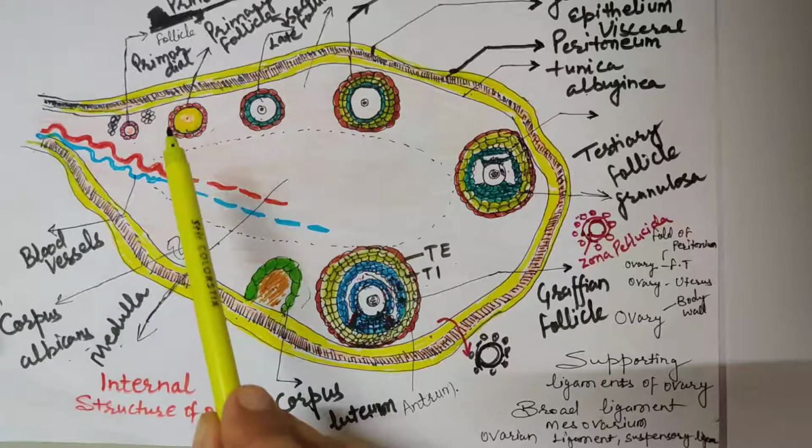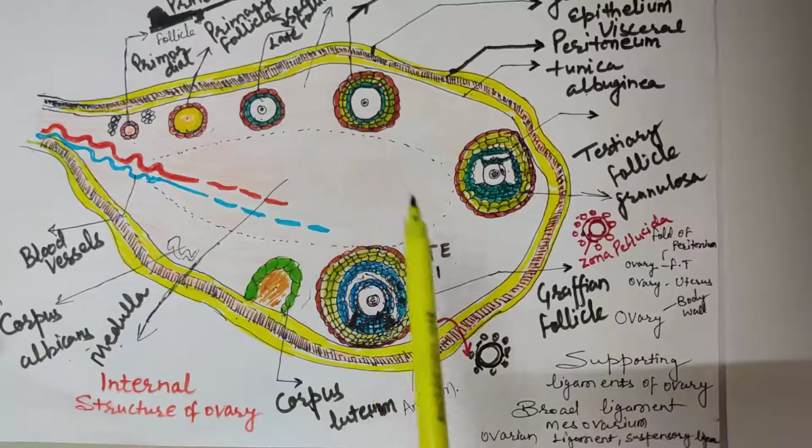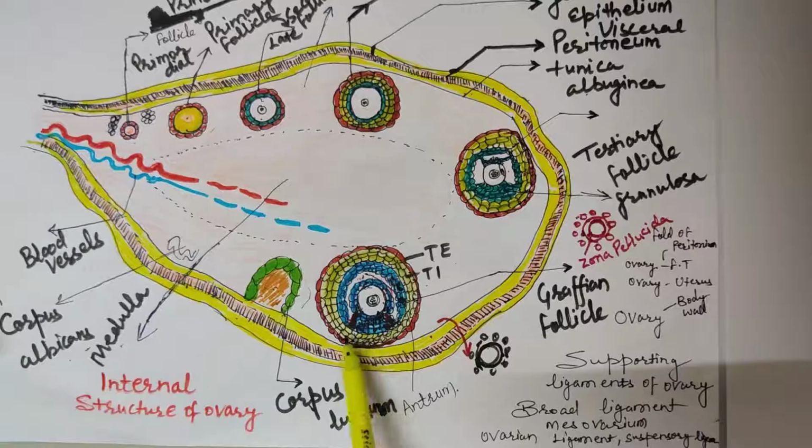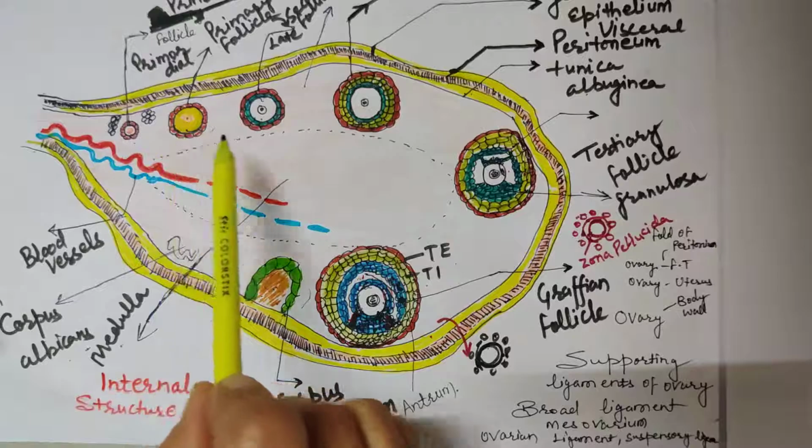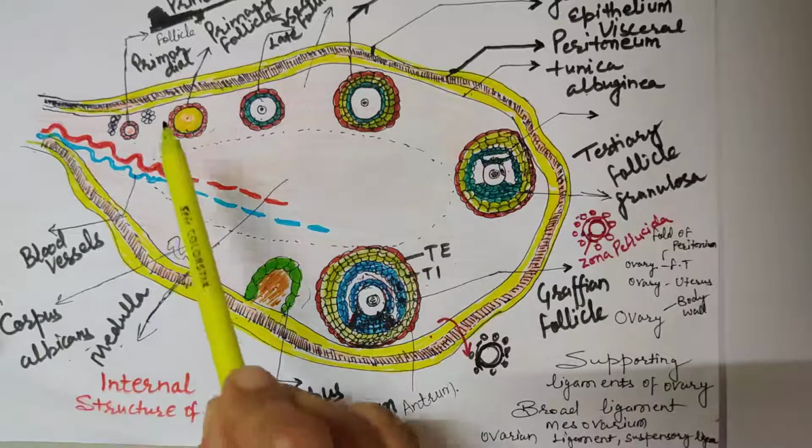Every month there is maturation of one primary follicle into a mature Graafian follicle, and release of secondary oocyte occurs at day 14, in the middle of the menstrual cycle of the female, that is of 28 days. On the 14th day of that cycle, there is release of ova, release of secondary oocyte from the female ovary, and formation of secondary oocyte from oogonia.